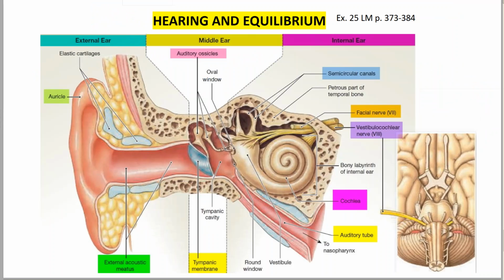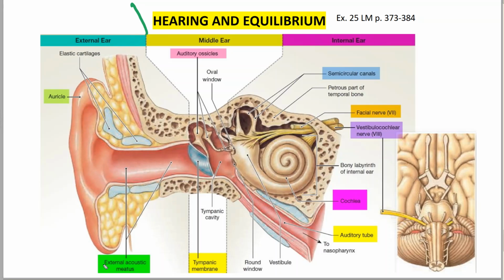Your ear is divided into 3 main regions. So you have the external ear out here, which is all of the cartilage and all that. Remember what kind of cartilage? Elastic cartilage. And this is all amplifying the sound waves and directing them into your external auditory canal.